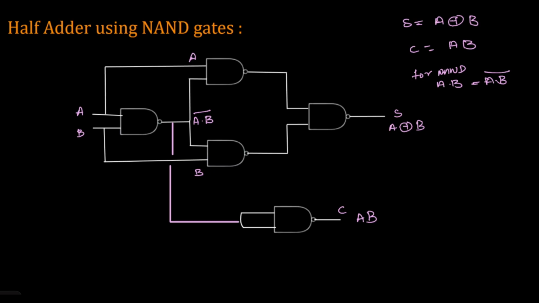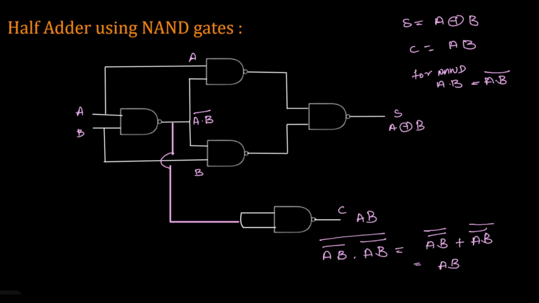I am taking my AB bar as AB bar, and what will happen here, AB bar into AB bar whole bar, that will be AB bar plus AB bar, that will be AB plus AB, which is AB. So this is how you will get half adder using NAND gate.